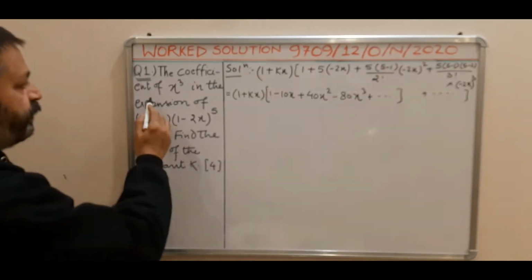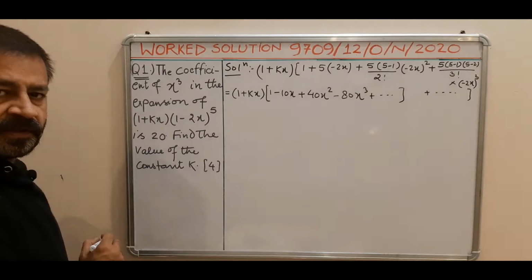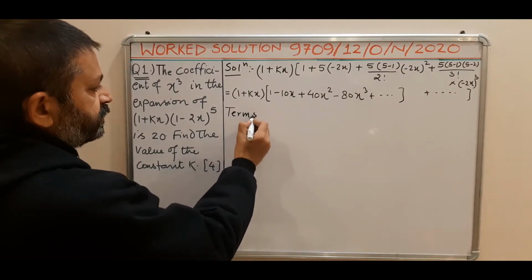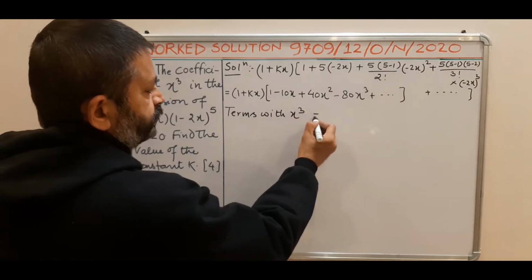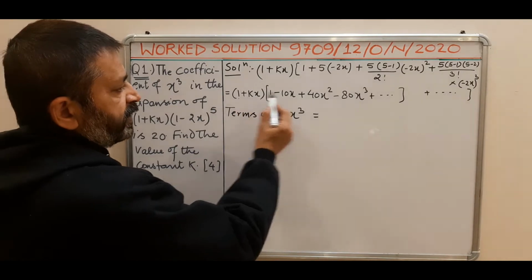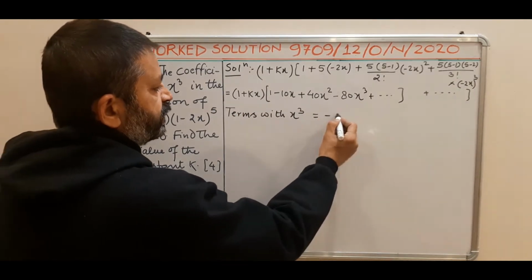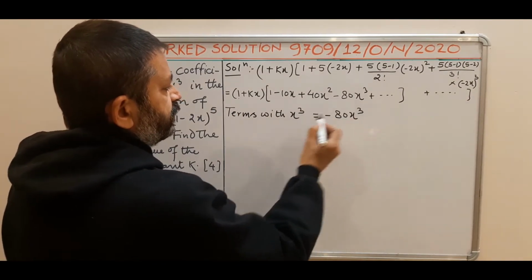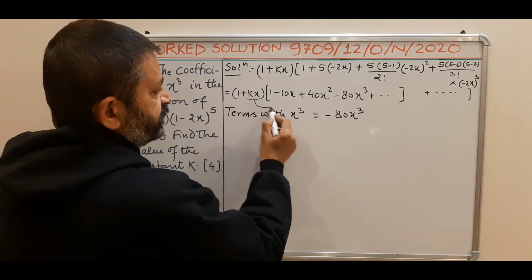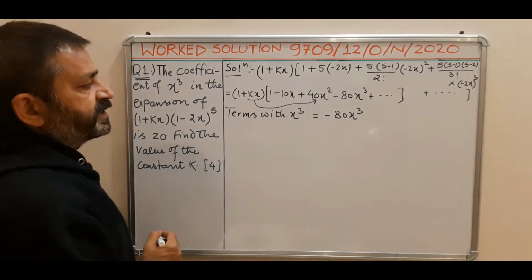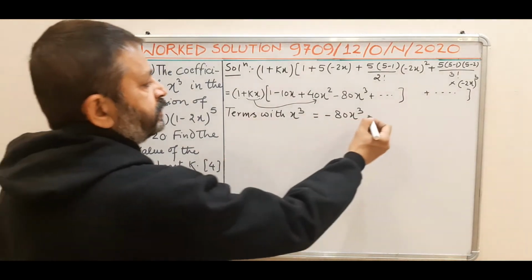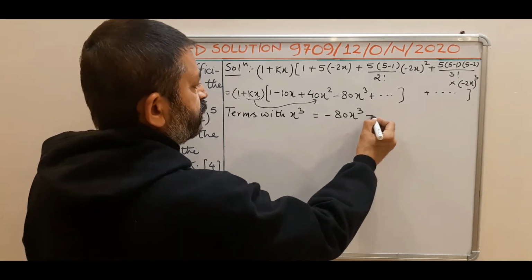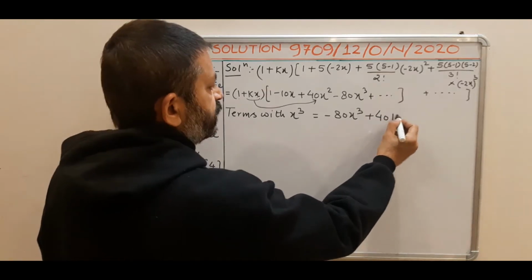Now the coefficient of x cube is given as 20. So first we will find the terms with x cube. This 1 will multiply with −80x cube and it will give you −80x cube. And then kx, when it is multiplying with 40x squared, x into x squared will give you x cube. So it will become plus 40k x cube.